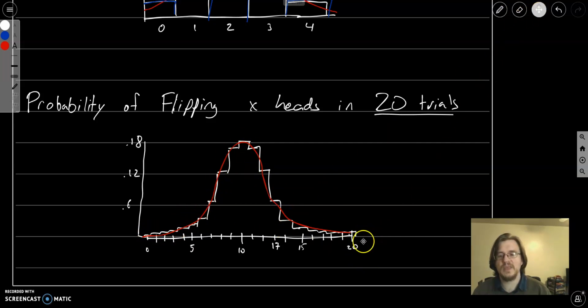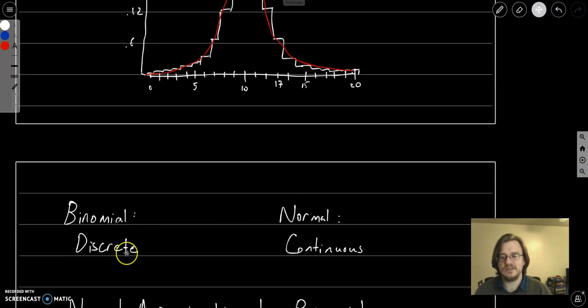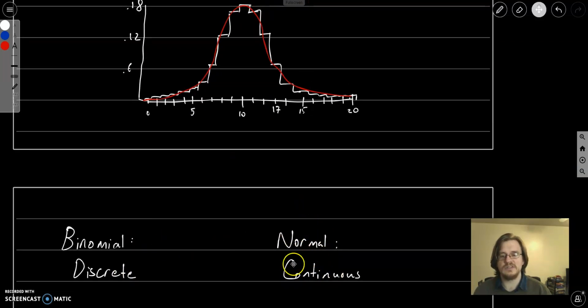So if we are going to approximate a binomial distribution using a normal distribution, there are a few things we'll have to keep in mind. One is we'll need a lot of trials before it becomes smooth enough to really approximate. The other is that the binomial distribution is discrete, whereas the normal distribution is continuous.